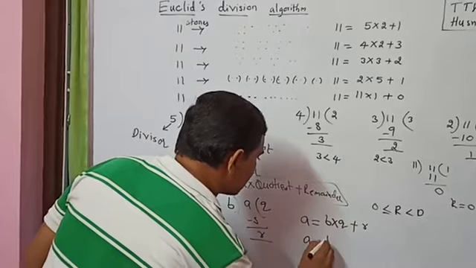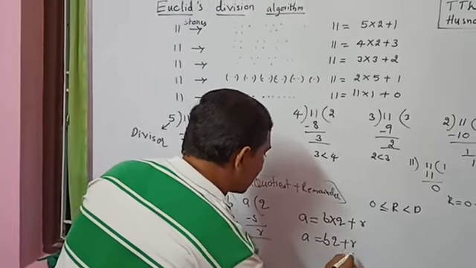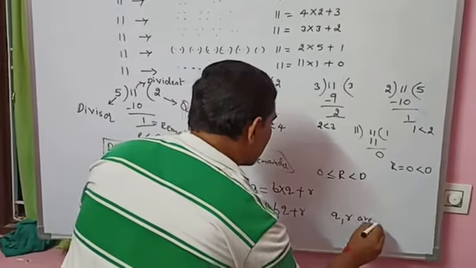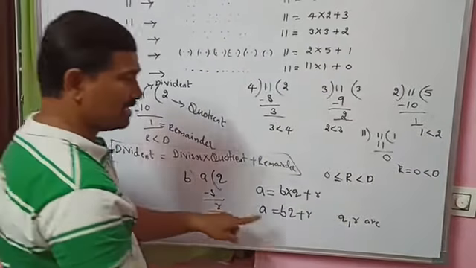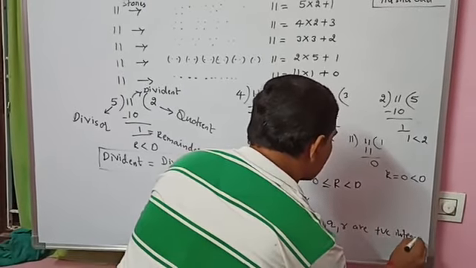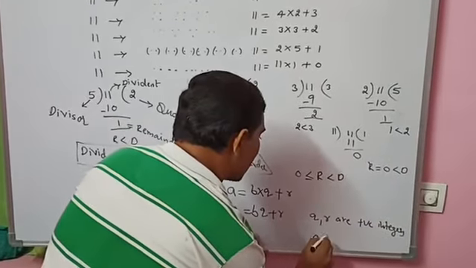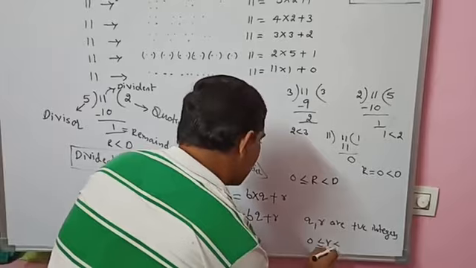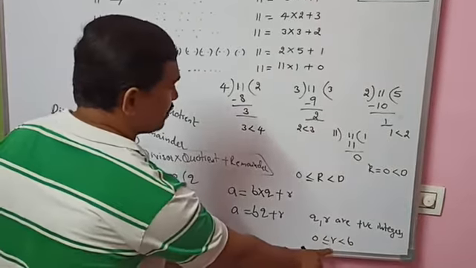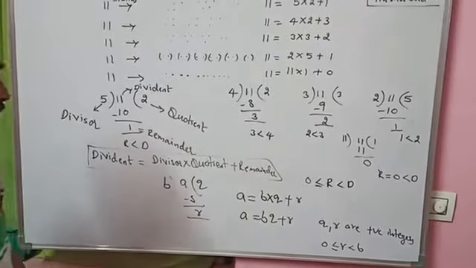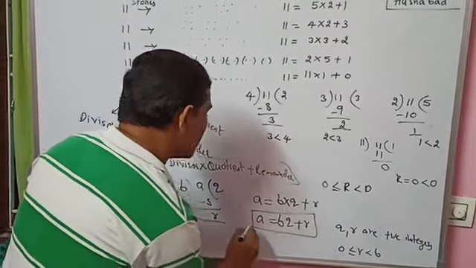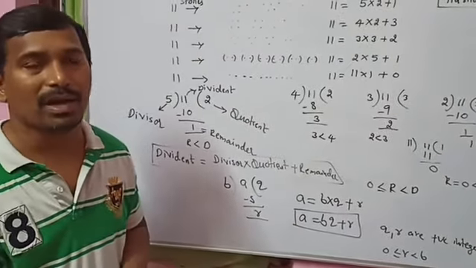So a equals bq plus r, where a and b are positive integers, then q and r are also integers, where r lies between 0 and b, 0 less than or equal to r less than b. So a equals bq plus r is Euclid's division lemma.